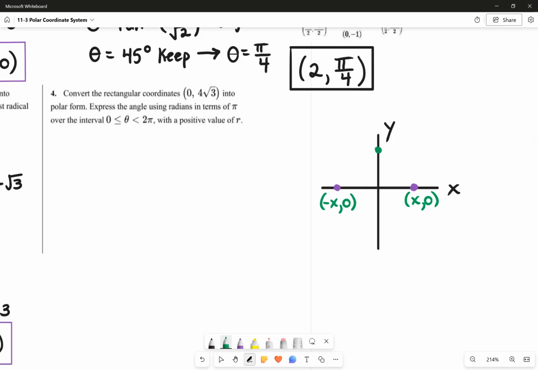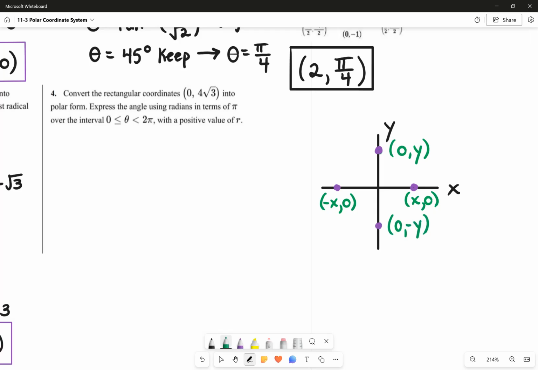If it was this one right here, let me put it in purple to be consistent, you had to only go up y units. You stayed at the origin and just went up, so that would have been 0 comma y. Whereas this one down here, you would have gone down y units: 0, negative y.